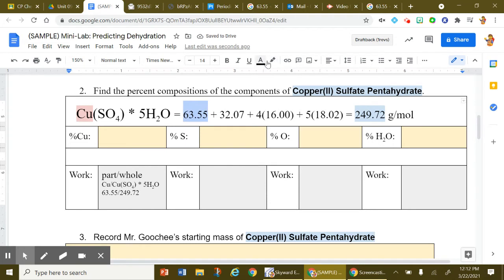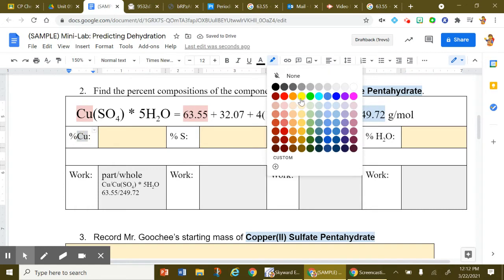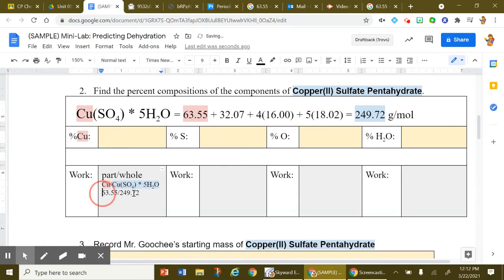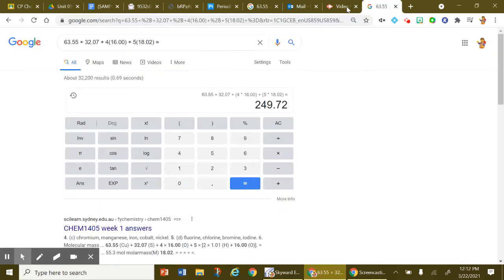So when you're figuring out the percentage, it's going to be the single copper, because there's only one of them, divided by the molar mass of the entire thing. I'm just going to put this into Google and see what I get.